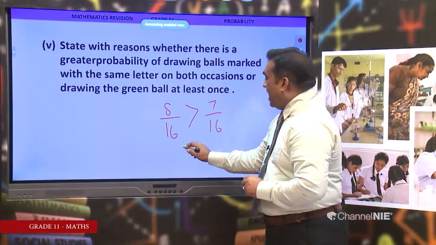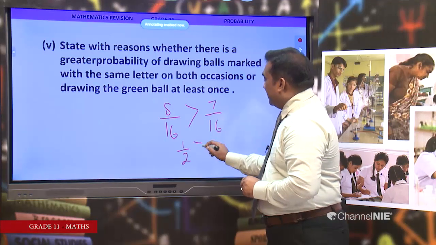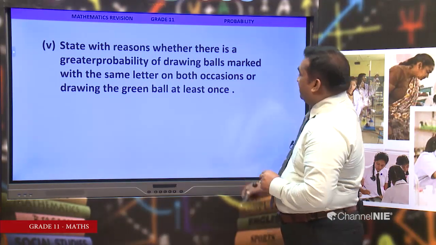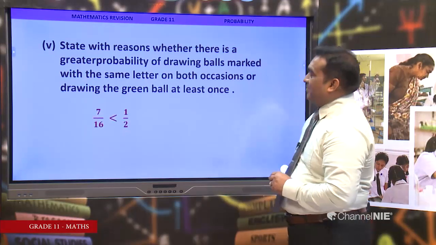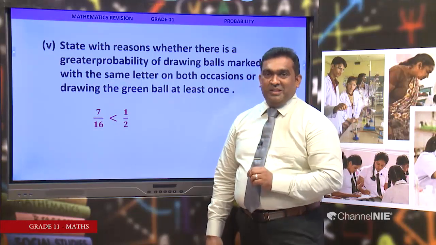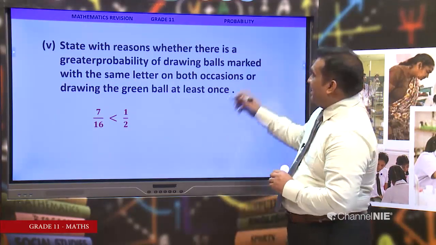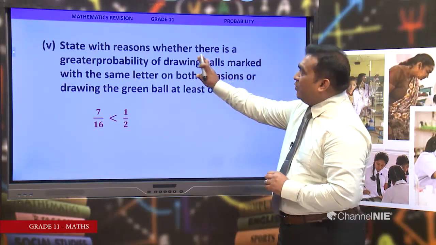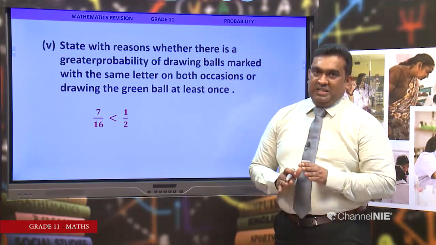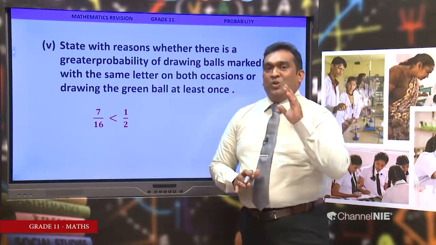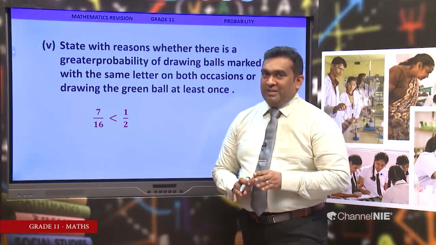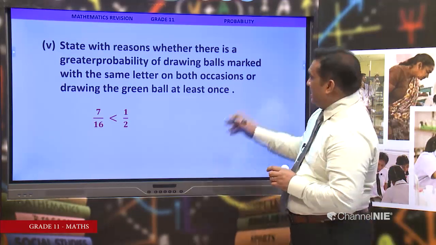It means half is greater than 7 over 16. Right. This is the answer. Okay. Read the question well. Identify the given conditions. Then you can use your previous knowledge to complete the answer. Right. Comparison of fractions.